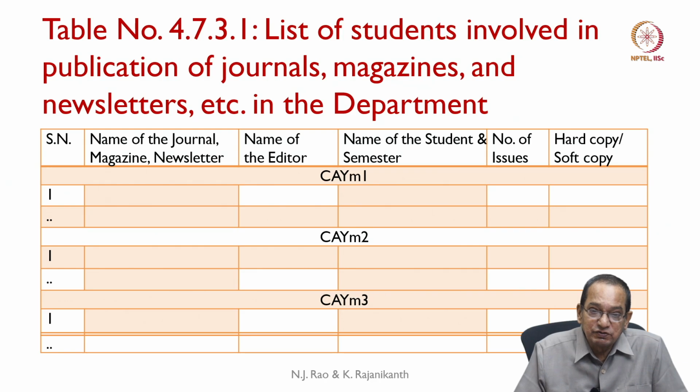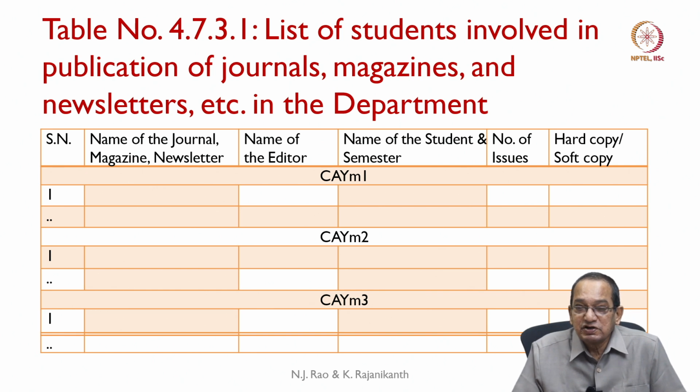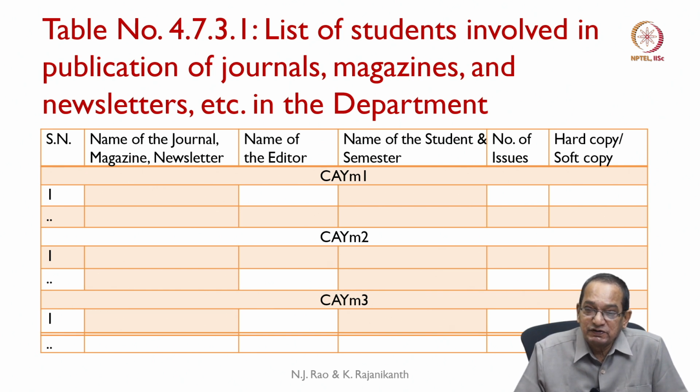Then we must give information regarding the students who participated in those activities. That is why the name of the editor is asked, and the students and which semester they belong to, and how many issues, and whether you have a hard copy or a soft copy. In general, many departments would find it very difficult to publish enough hard copies for distribution. So typically they publish a certain number of samples to be distributed selectively.